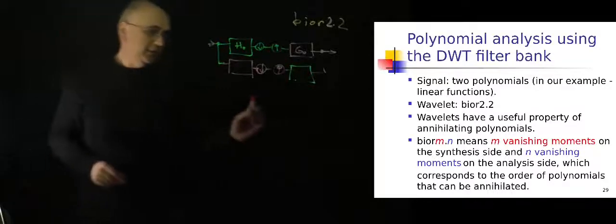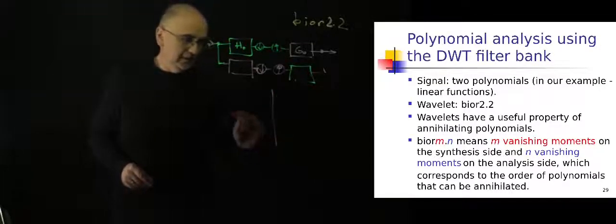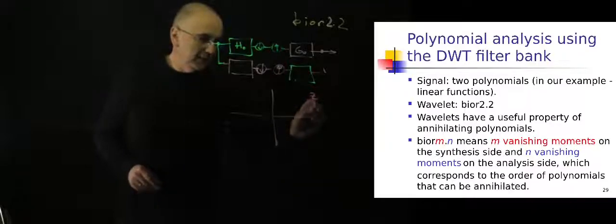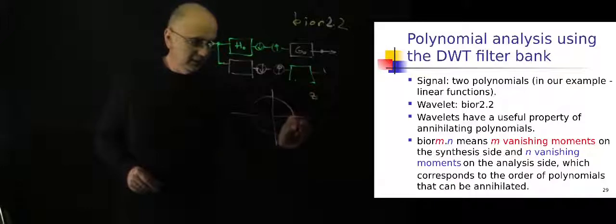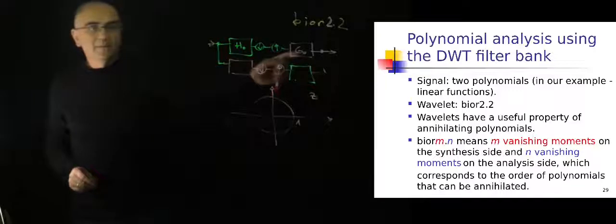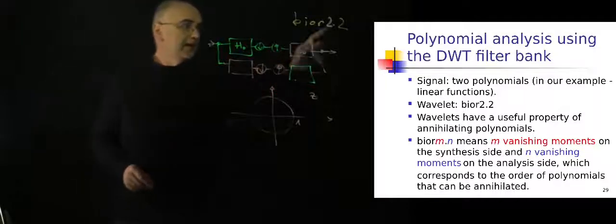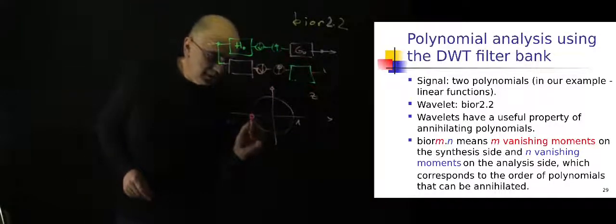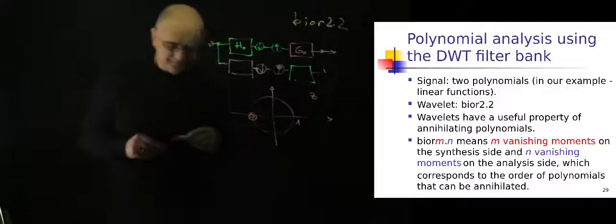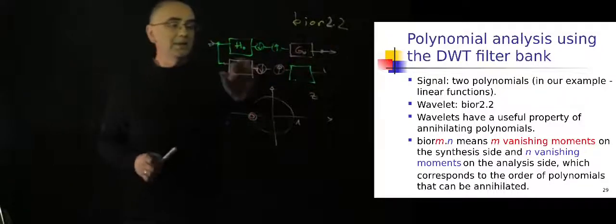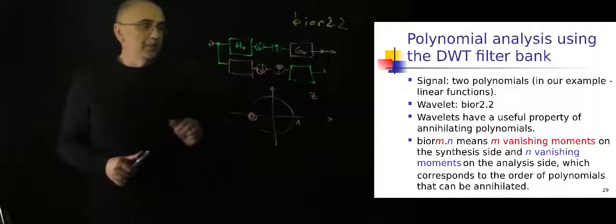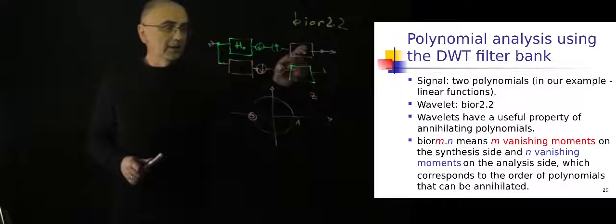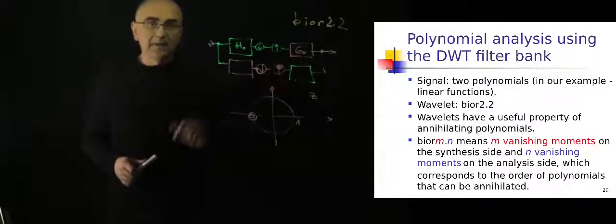Okay, I'm gonna draw it, and this is the z-plane, unit circle. Okay, 1. And this guy has 2 zeros right here. Another 2 means that even this guy has 2 zeros in this place, which is not so important. What is important are zeros actually of this filter.